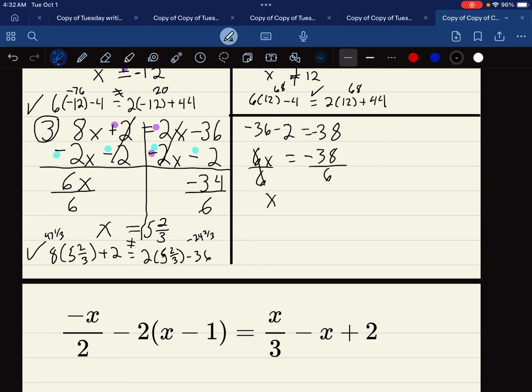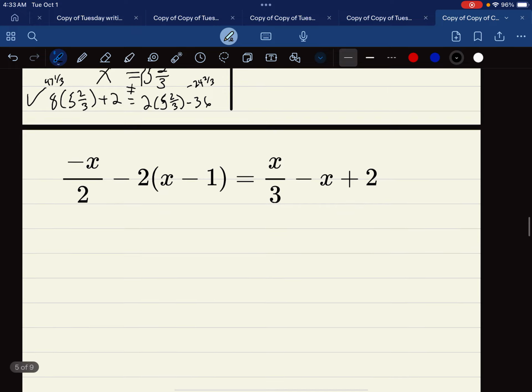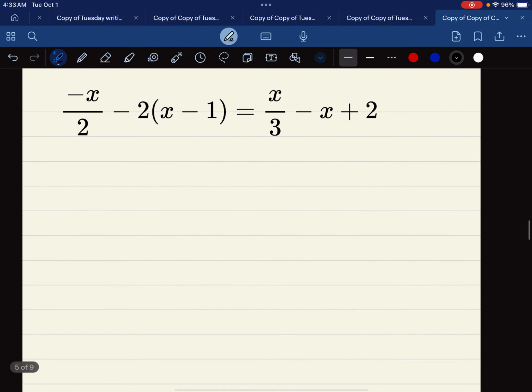And we're left with x equals negative 38 over 6, which reduces to negative 19/3. And then you can check that in the interest of time and to get your notes on so y'all can get started with your independent practice.